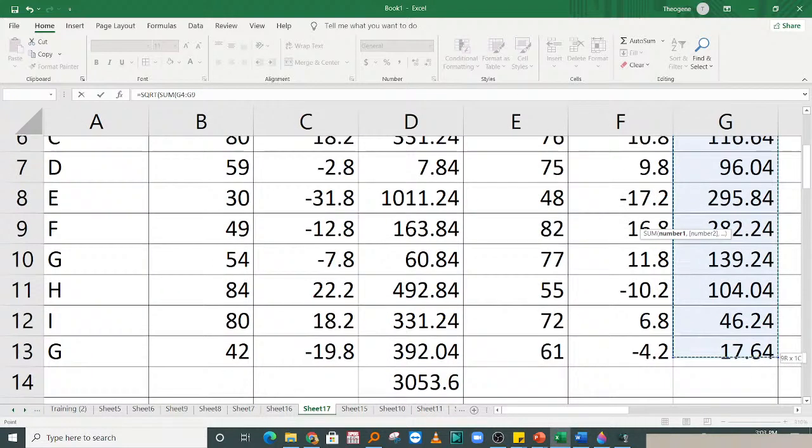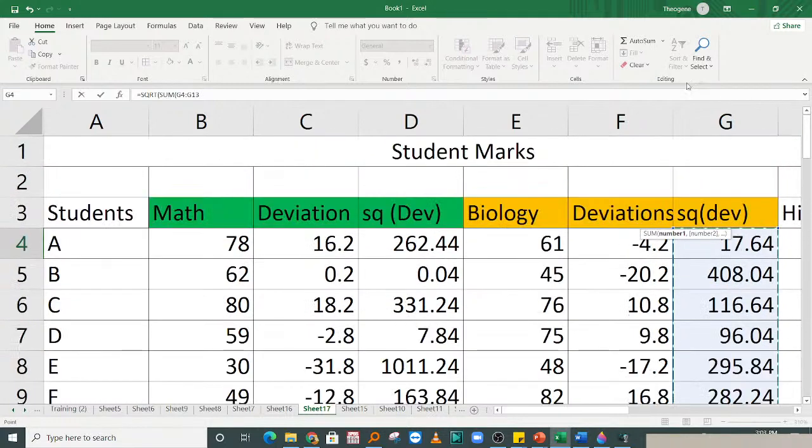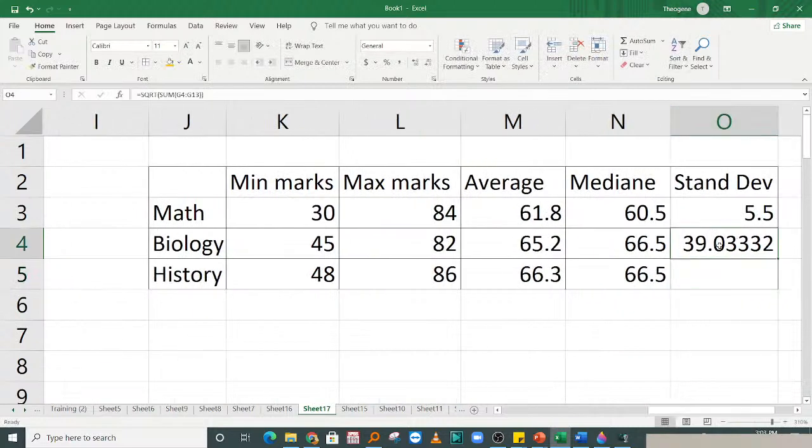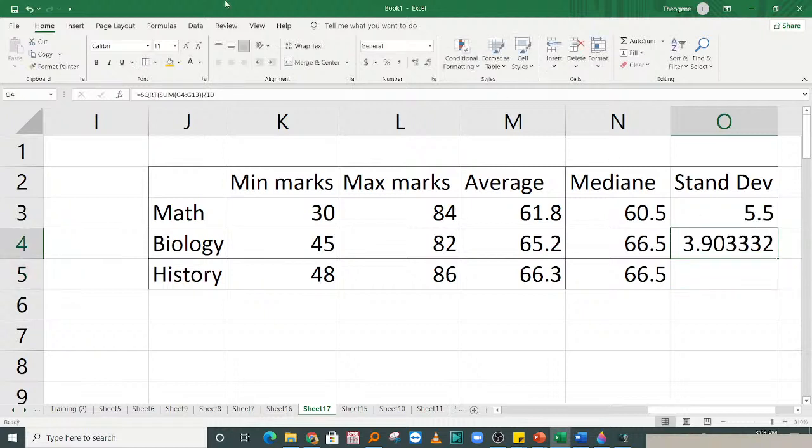So you can even have a single formula like that, no need to have large formulas. So the standard deviation is equal to this over the number of students, which is 10. So we have 3.9.